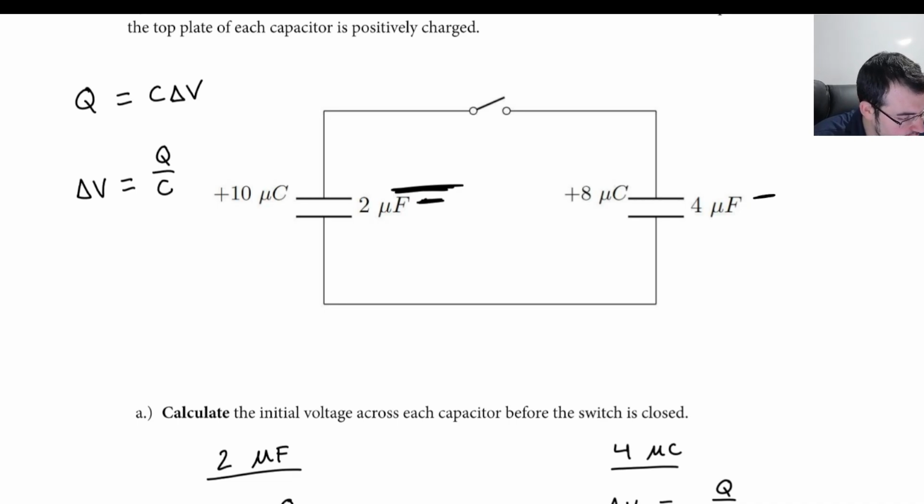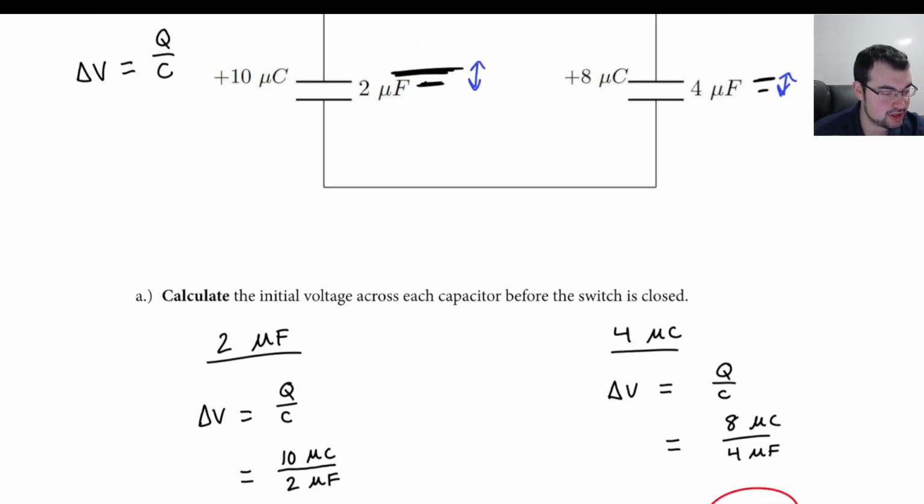And then we got a small battery trying to push this way. So if we compare these voltages, we see that we are going to get a net current this way, right? Because the 10 microcoulombs is too much.